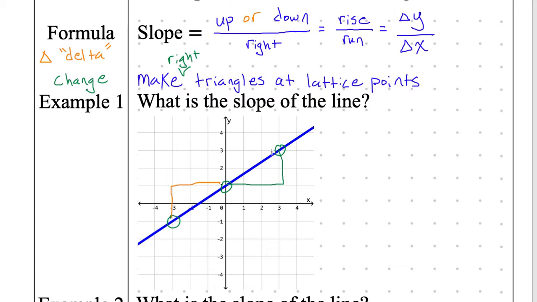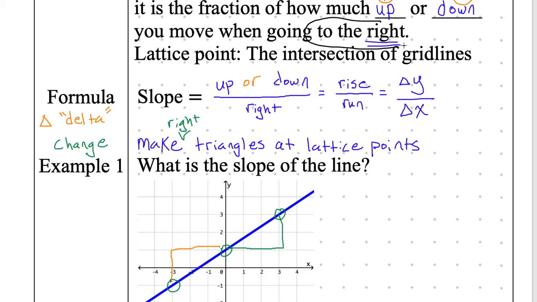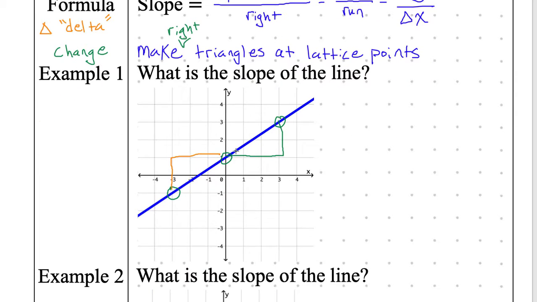And then I'm going to use the definition of slope. How much am I changing in the y direction? I assume that I'm always going from left to the right. So going from the left to the right, I'm going positive units. I'm going positive 3, so over here I'm going to say plus 3. And then when I'm going up, it's plus 2.